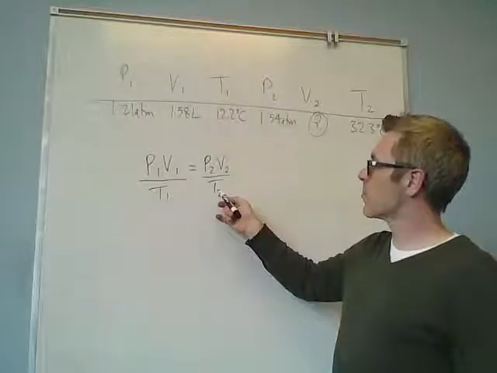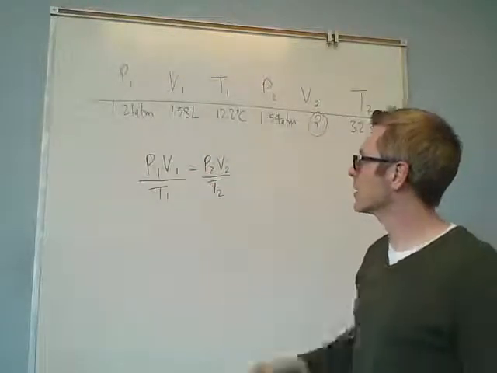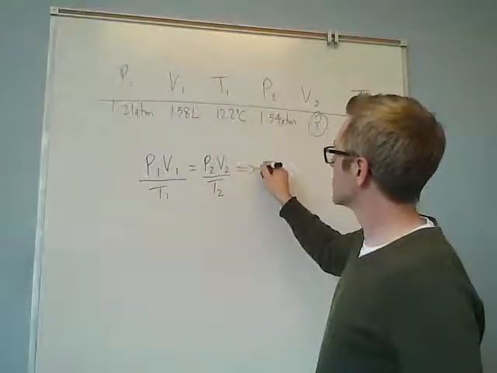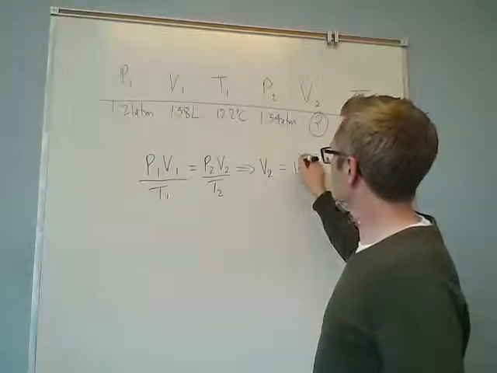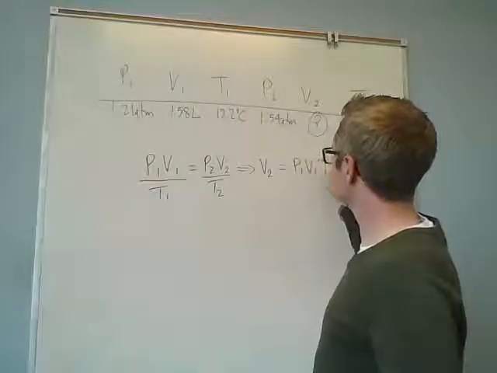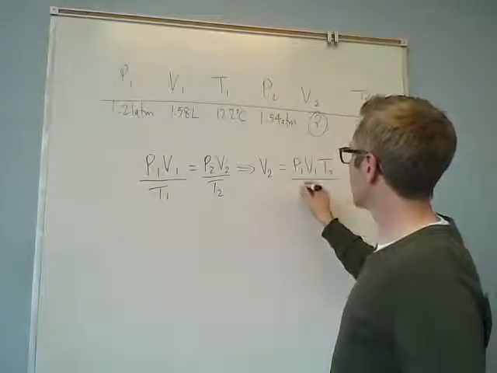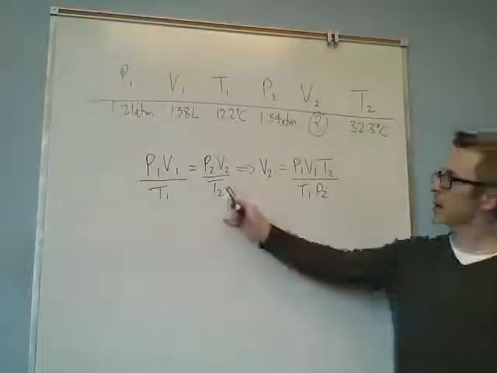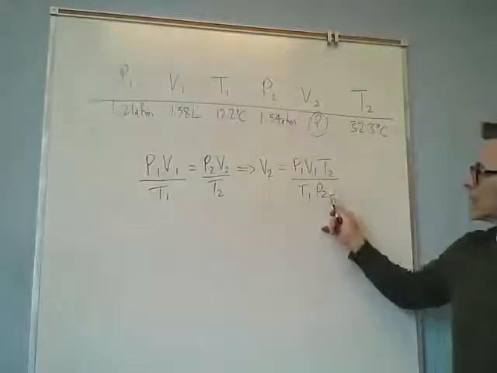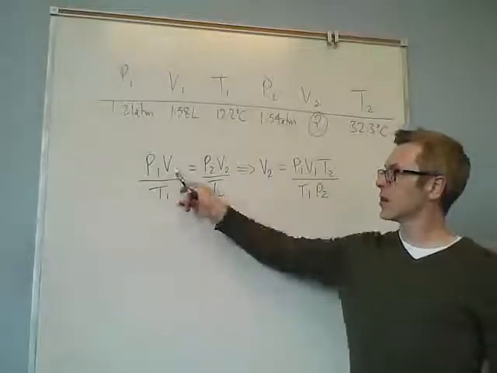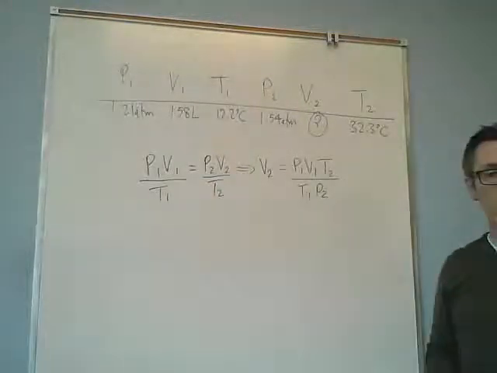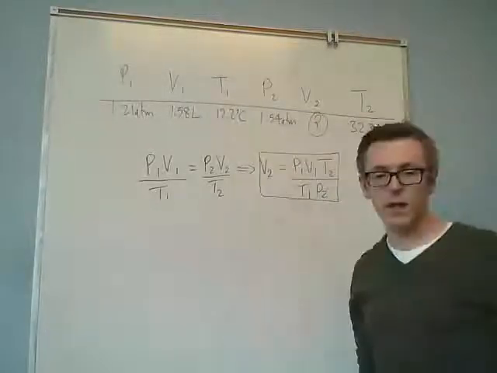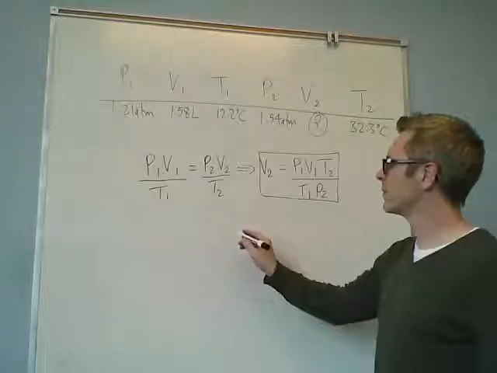And if you want to transpose a denominator, it becomes a numerator. So the P2 goes down, the T2 goes up. So we would have V2 is P1 V1 T2 over T1 P2. Again, the P2 has gone down, and now it's down here. The T2 has gone up, and now it's up here. So I've now cross-multiplied my equation to solve for V2.